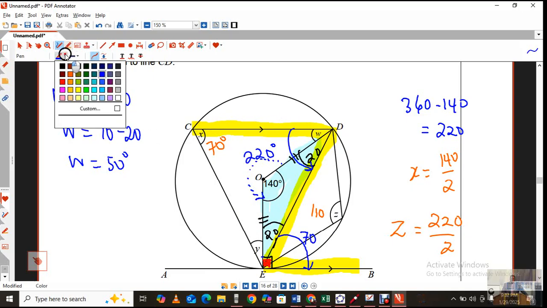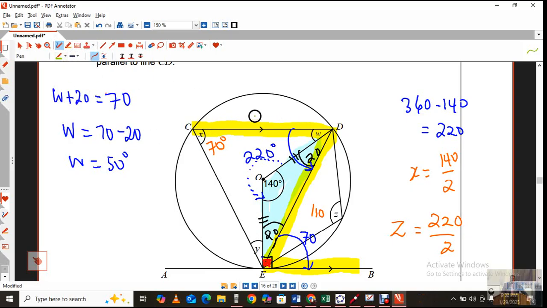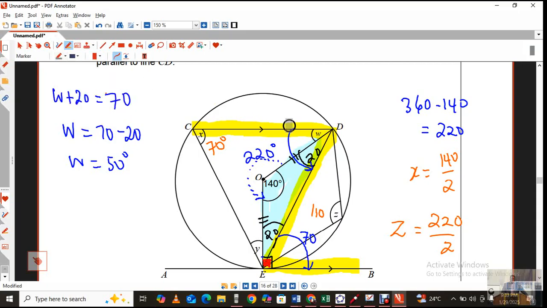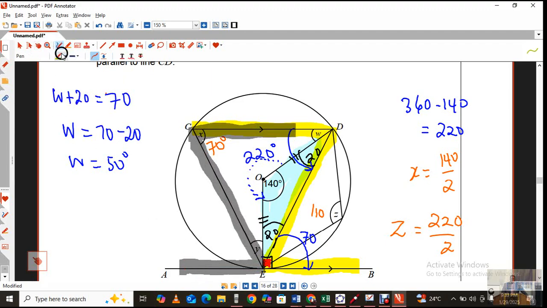So I'm going to bring in another highlighter. Let's take this gray. If I make my Z here, going this way, this way here, can you see that this 70 here is equal to this one here?